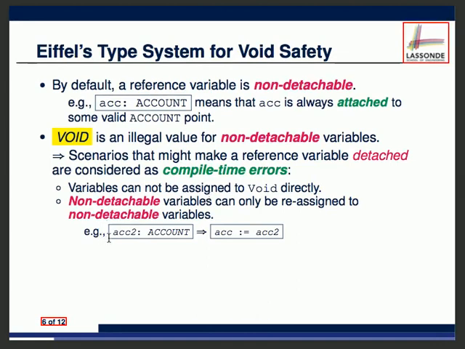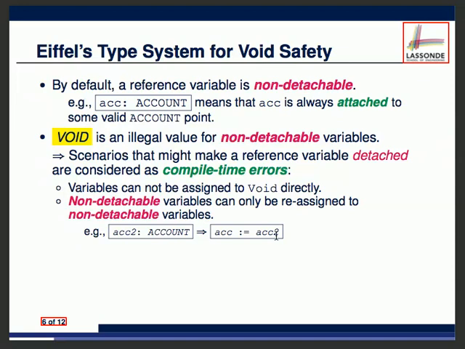Let's say we declare acc2 of account, and also acc is of type account. Now, you can say acc is assigned to acc2. So why is that? Here's the intuition. Because over here you can see all the variables are by default non-detachable, which means under no circumstances can acc2 on the right-hand side be void. Under no circumstances. That's why it will be safe to assign acc2 to acc.